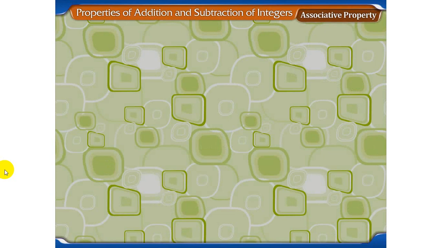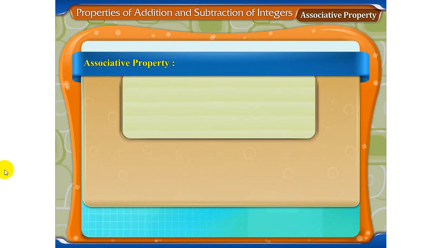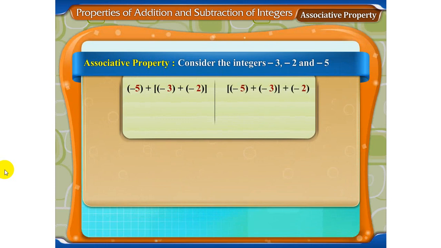Associative property. Observe the following examples. Consider the integers -3, -2 and -5. Look at -5 plus (-3 plus -2) and (-5 plus -3) plus -2.